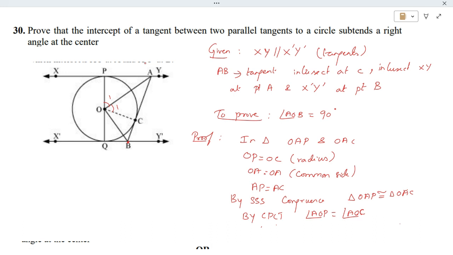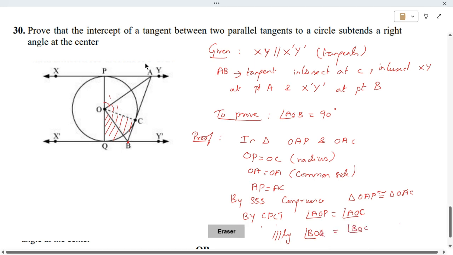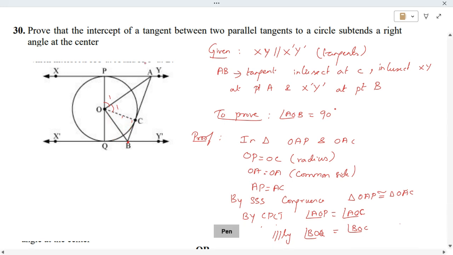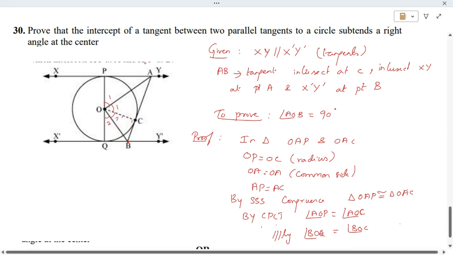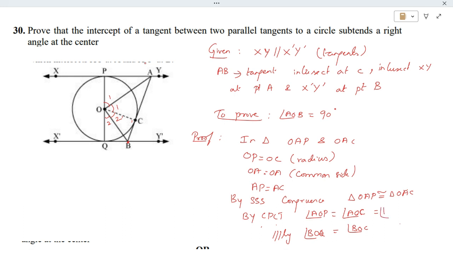Now if I consider the other two triangles, I can prove by congruency that they are congruent to each other. So similarly, angle BOQ is equal to angle BOC. I am taking these two as angle 2 since they are equal. So angle AOP equals AOC equals angle 1, and angle BOQ equals BOC equals angle 2.